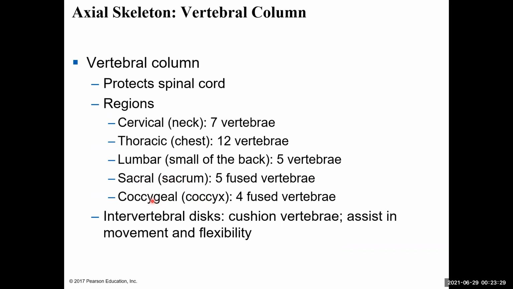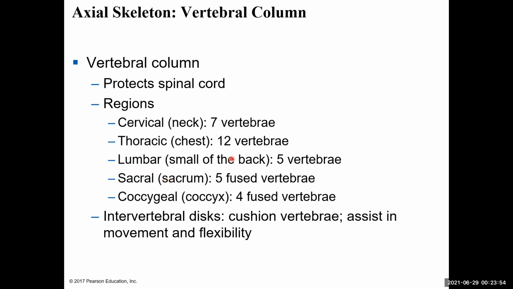What's interesting with these 2 bones is that the sacrum is actually 5 fused vertebrae that make what looks like 1 bone, and the coccyx is 4 fused vertebrae. All of these 5 regions make up the vertebral column.